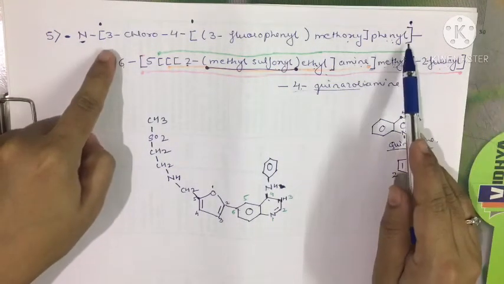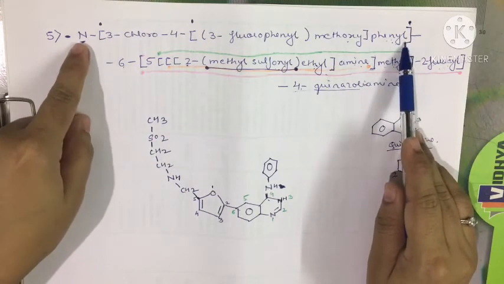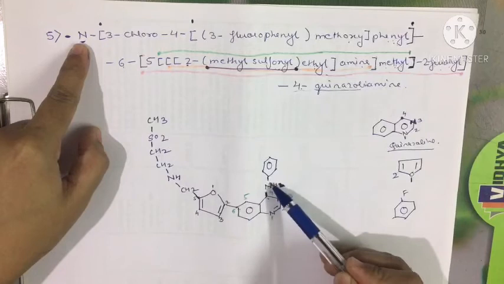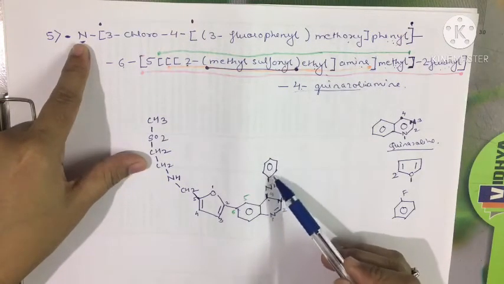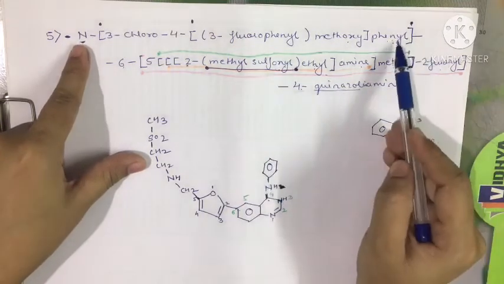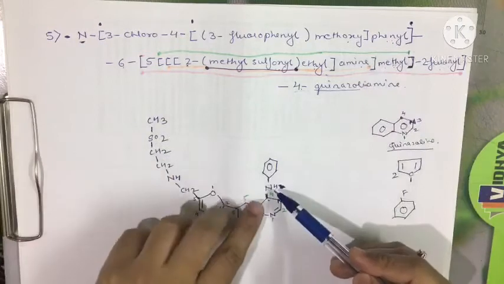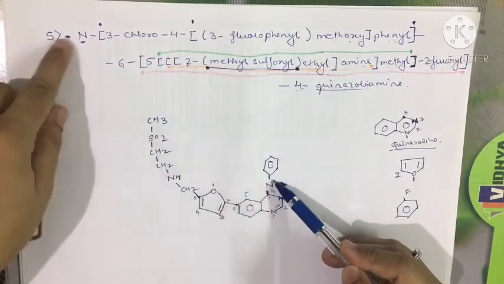Now this square bracket which is present here, it is attached to the nitrogen of the 4th position. So let us derive the substituent on this nitrogen. The last part is phenyl, so we are attaching a phenyl group here on the nitrogen.